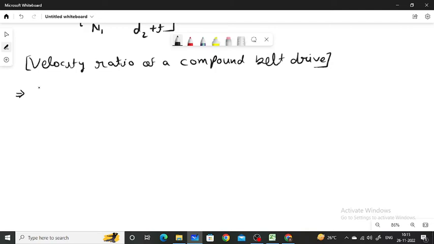Consider a pulley 1 driving the pulley 2. Since the pulley 2 and 3 are keyed to the same shaft, therefore pulley 1 also drives the pulley 3, which in turn drives the pulley 4.